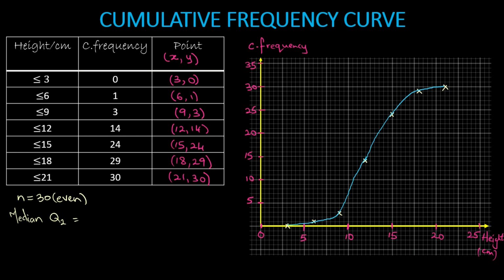The symbol is Q2, and it is given by the 50% of the distribution, meaning half of the total, half of 30, it is the 15th value. Note that the formula for median does not give you the median directly. It gives you what we call the rank. Then from the rank you have to locate it on your CF curve. So this is a rank of 15. A rank of 15 on the CF axis.